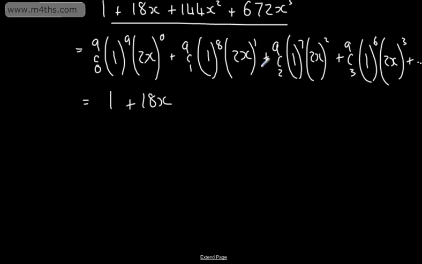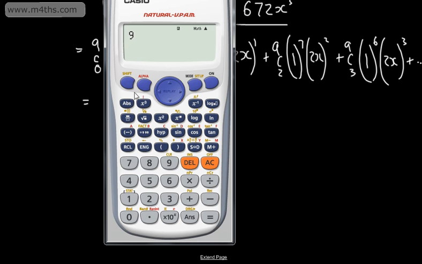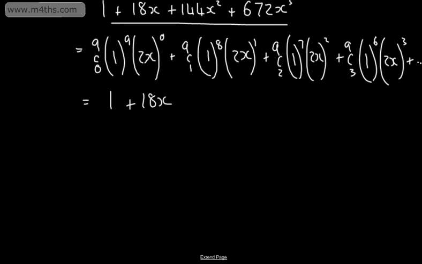Now, finding 9c2, what we could go ahead and do is simply 9 times 8 divided by 2, which is 36, and then times that by 4. Again, if you're unsure, just put it in a calculator, 9c2. So 9c2, there's our 36, and we're going to times it by 2 squared, so times that by 4, and that's our 144.